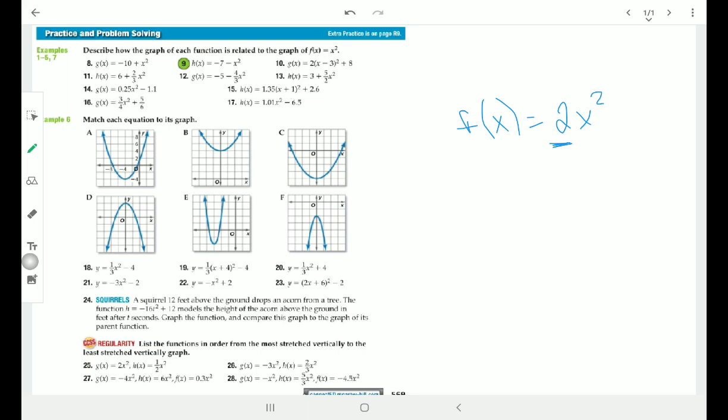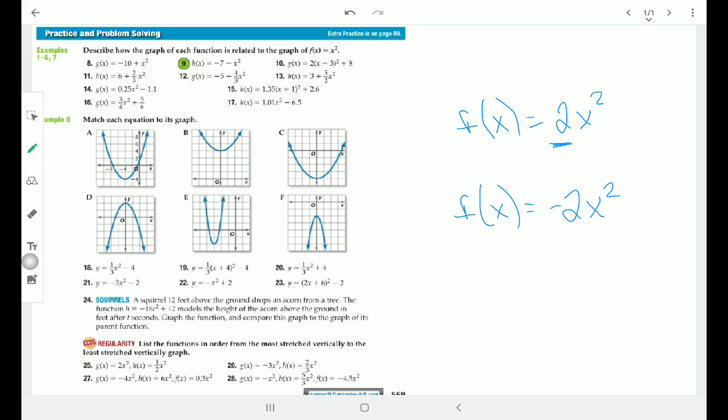Okay, since it's positive, it's going to be pointing upwards. If my coefficient was negative, for example, let's say -2, then it's going to be pointing downwards. Okay, the bigger my number is, the narrower my parabola is going to be.